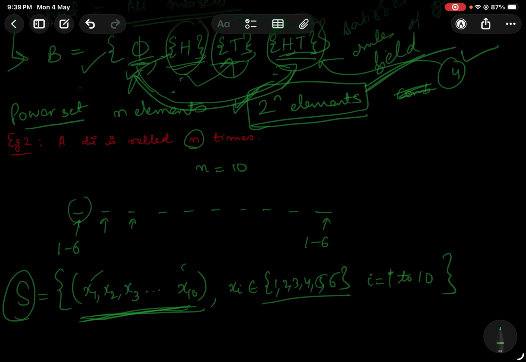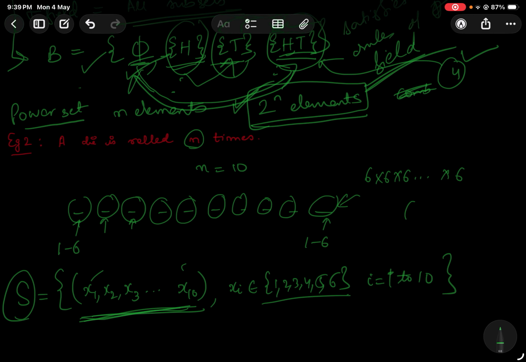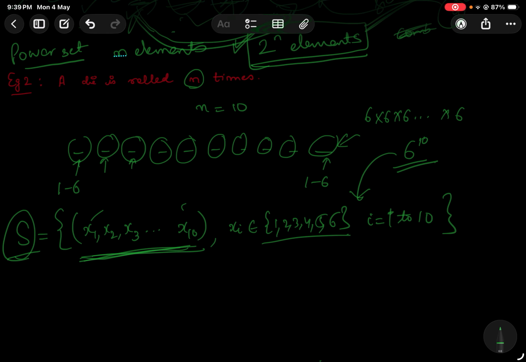Now each of these blanks can have 6 outcomes. So we have 6 into 6 into 6 till 10 in this case. So 6 to the power 10 elements are actually there in the sample space we're talking about here. And again, however big this number is, it is finite. It is not an infinite case.